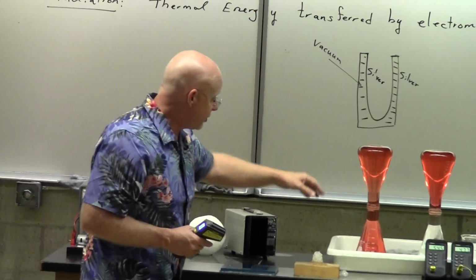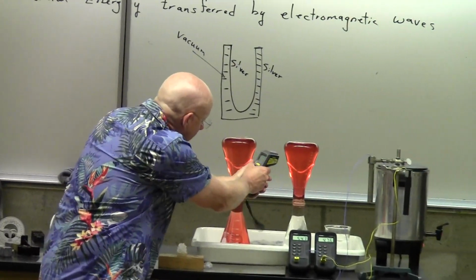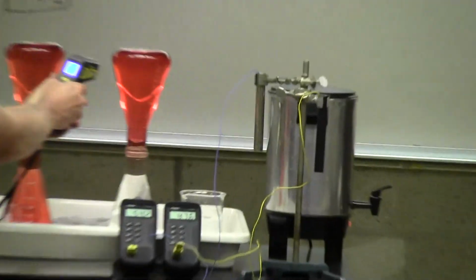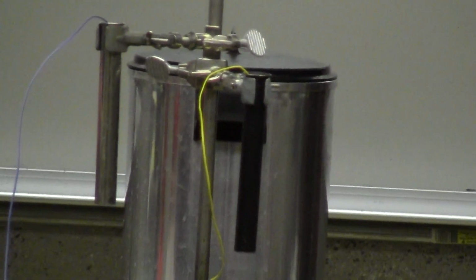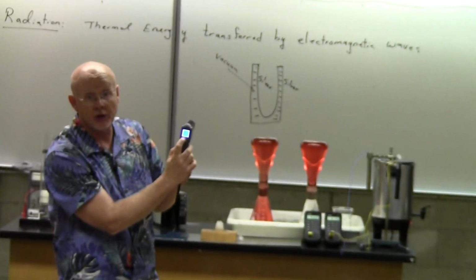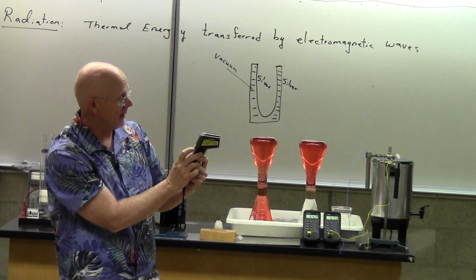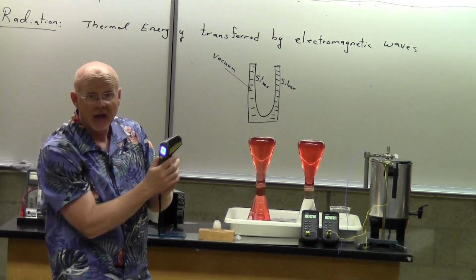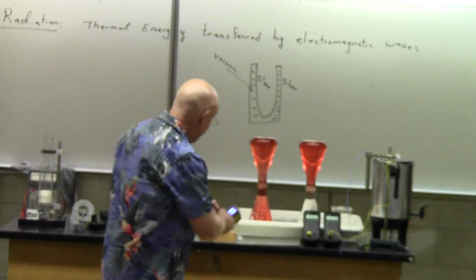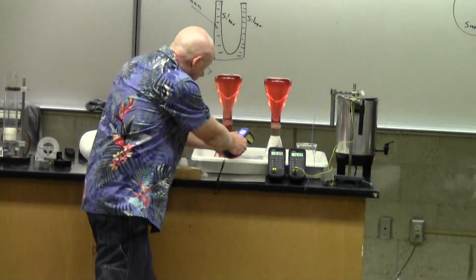If I come over to here and I look at this hot water up here, and I pull the trigger on it, it's saying that top piece is still 61 degrees. And I'm in Celsius. Yeah, Celsius. So that top one is still warm. Or if I shine it down here at the bottom one, the bottom one is still cool.